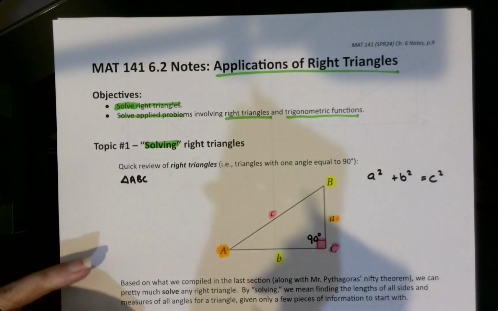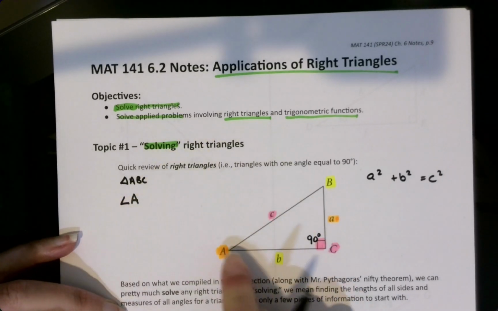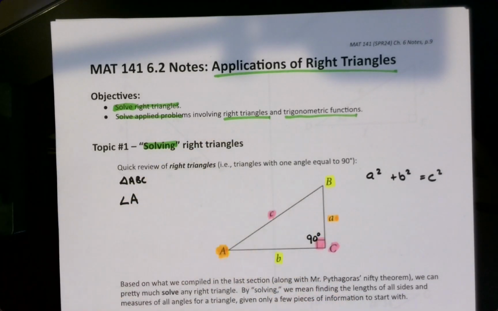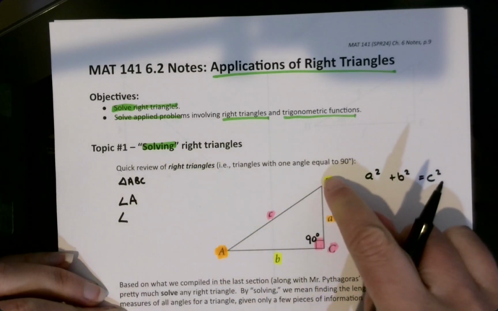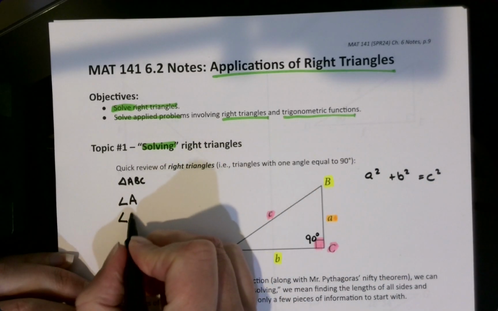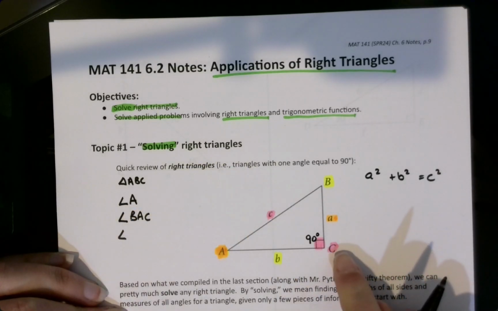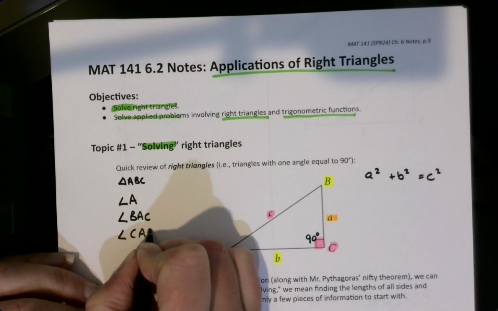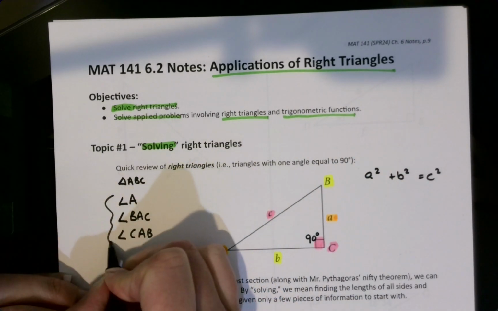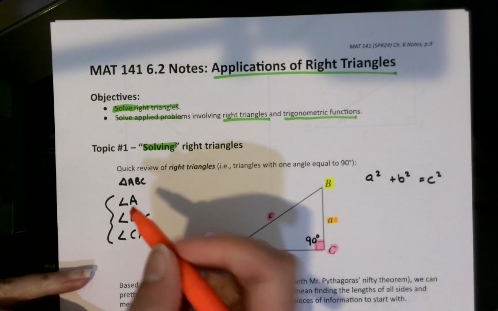One more thing to note about this is we can talk about angle A as being this angle right here. We can also refer to that angle as the angle BAC, or in reverse, that same angle CAB. So these are three ways to refer to that exact same angle, angle A right here.